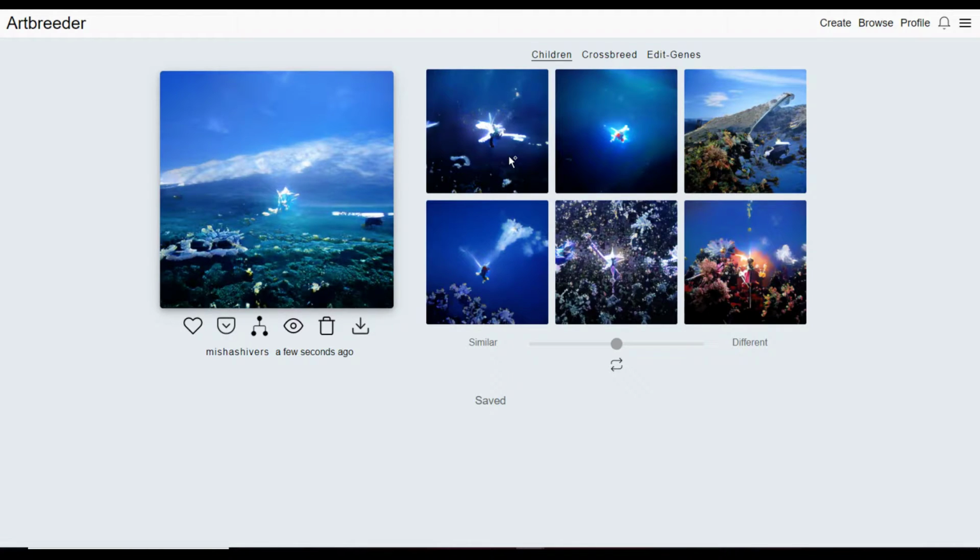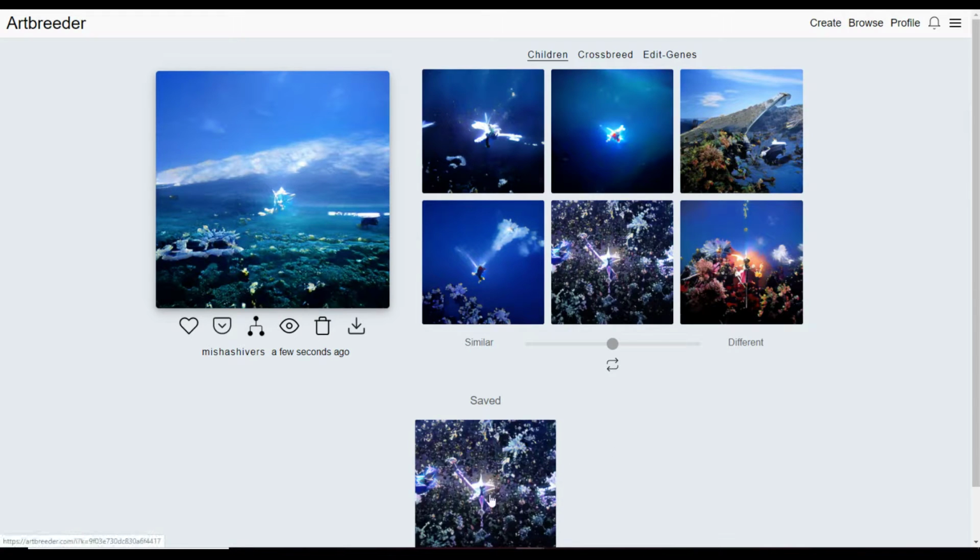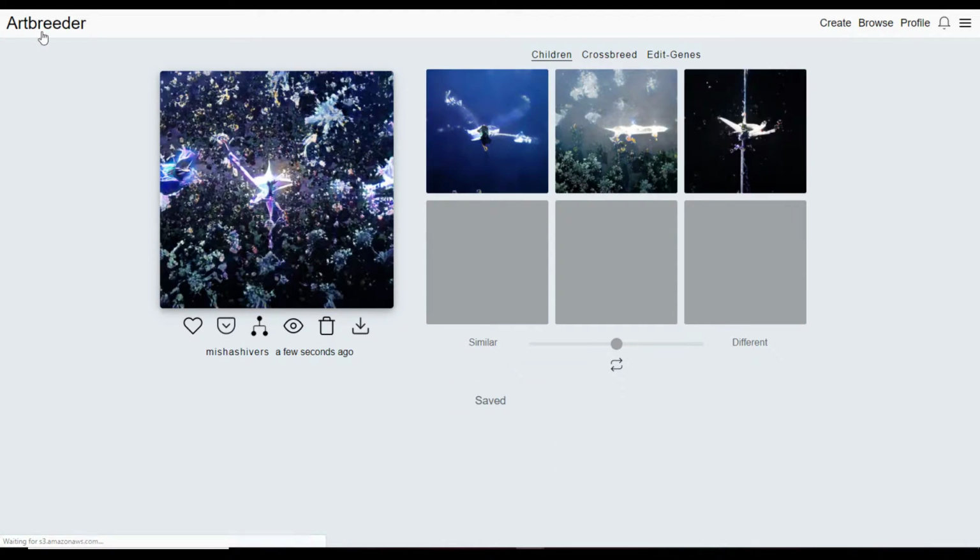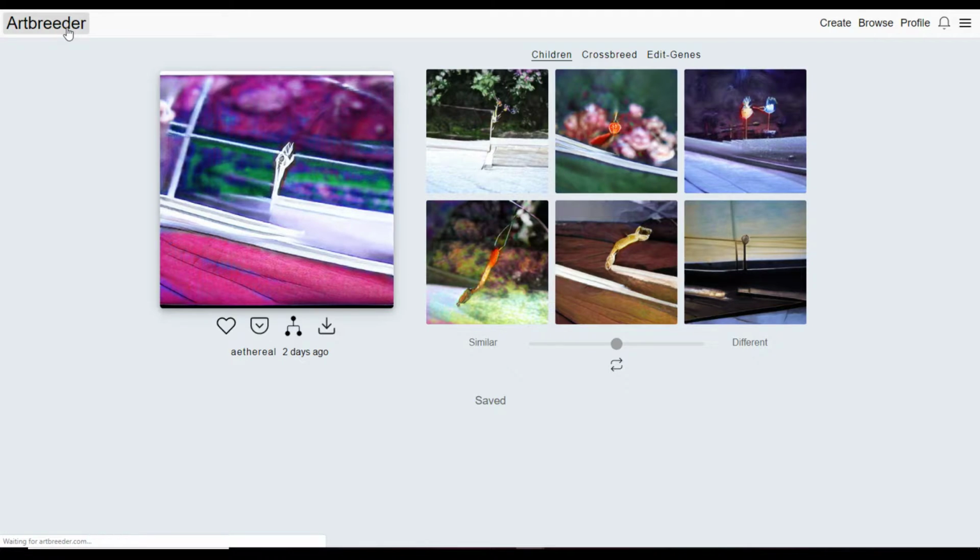You will notice, though, if you spend any time exploring here, that there's a lot of objects. There's a lot of images that end up being pretty unrecognizable. Let's see if we can find a good example.